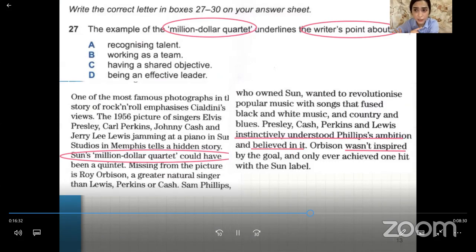Even if you find the keyword in the passage, if it's in the middle, please start reading from the start of the paragraph, because it is illogical to understand an idea from half. You have to read it from the start of the idea, in other words, from the start of the paragraph where the idea starts. Sometimes you may read 2 paragraphs because the idea was first mentioned in the first paragraph.